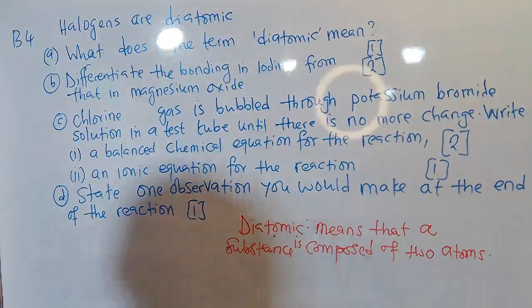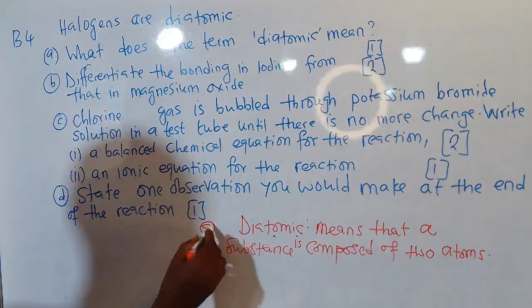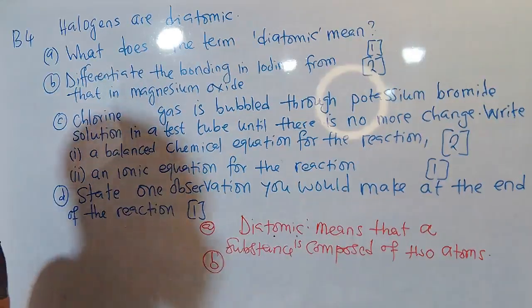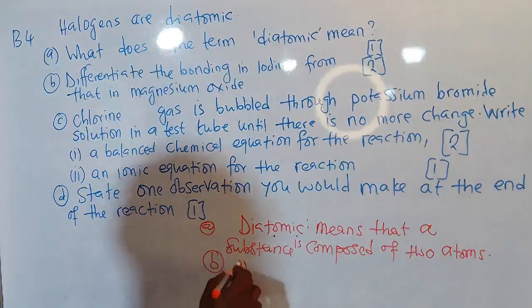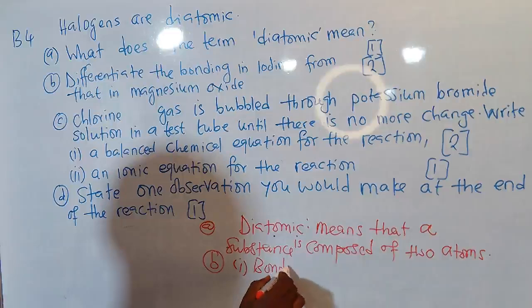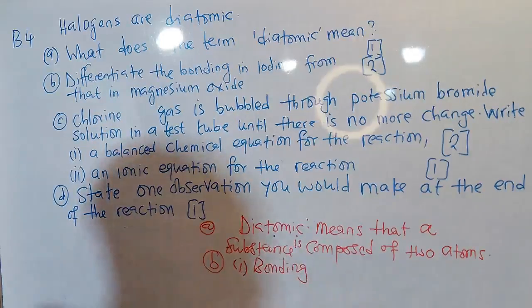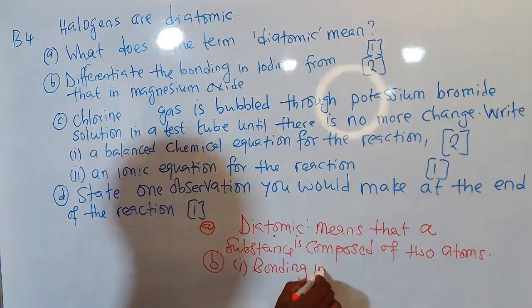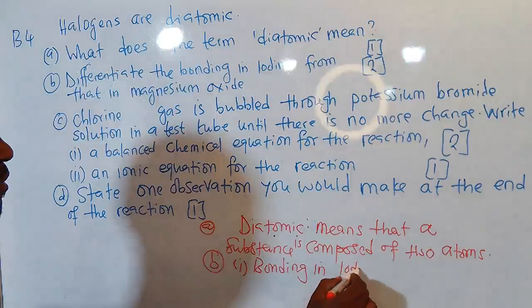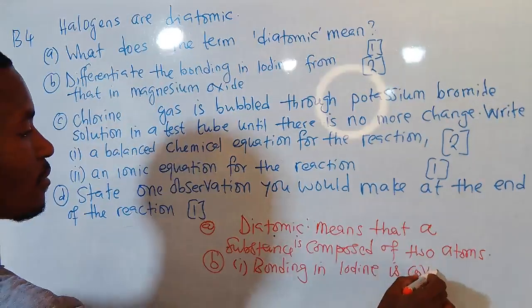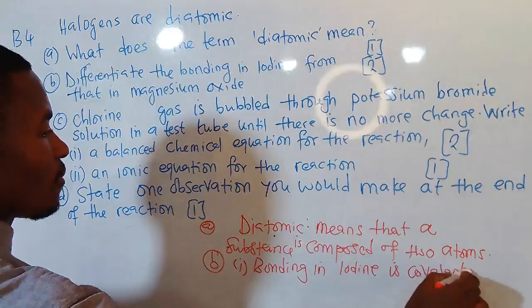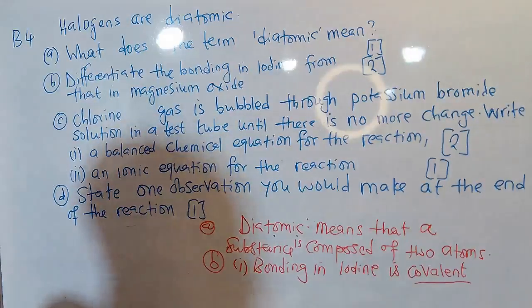So how do you differentiate that? The first one is the bonding. The bonding in iodine is covalent.